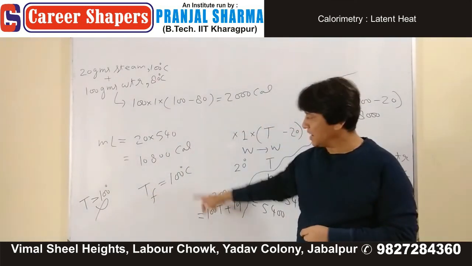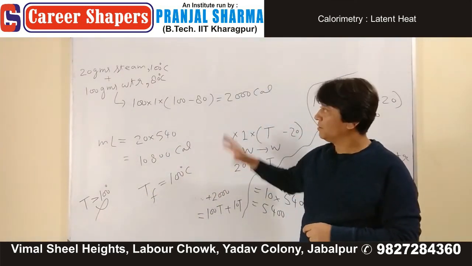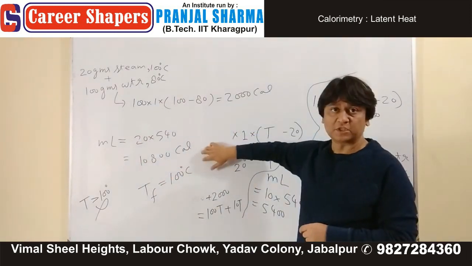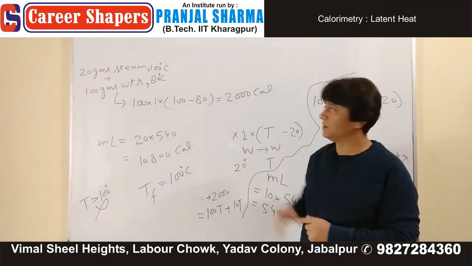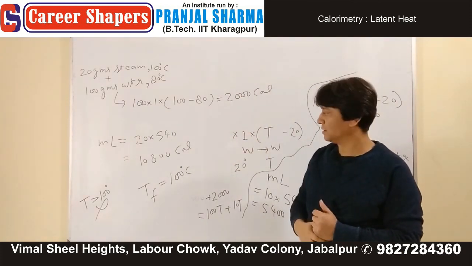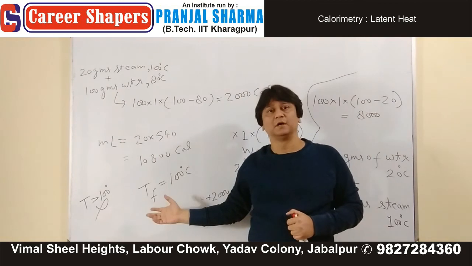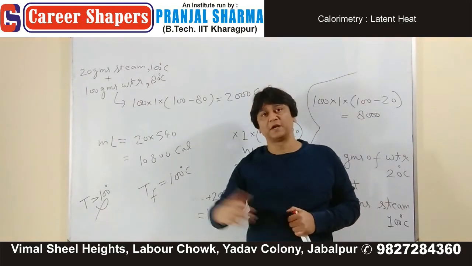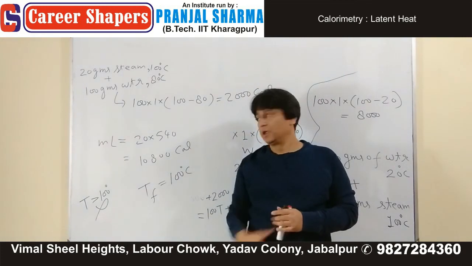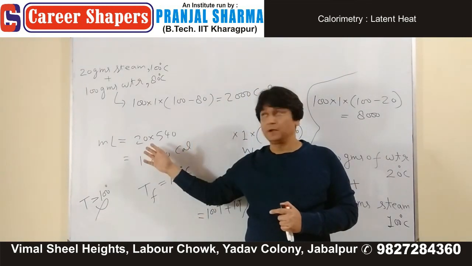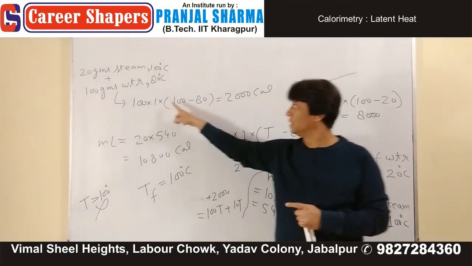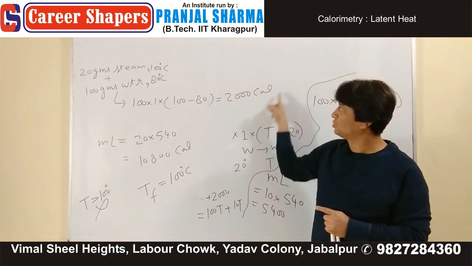So what is the final temperature? 100. Why? Because heat available with steam is very high. Water को उतना चाहिए ही नहीं. And then you can easily answer how much steam is present and how much water is present. अपने को पता है कि these 100 grams of water only need 2000 calories.